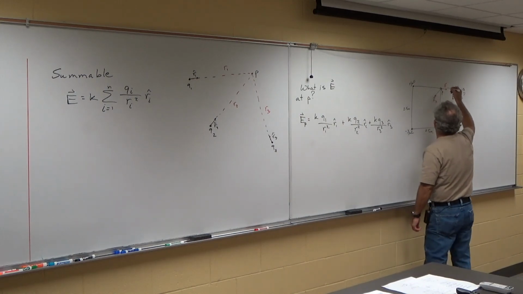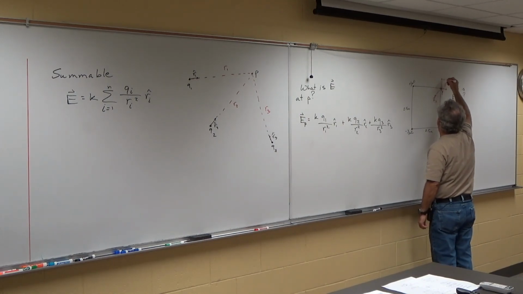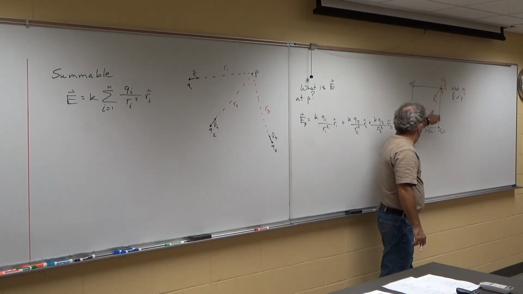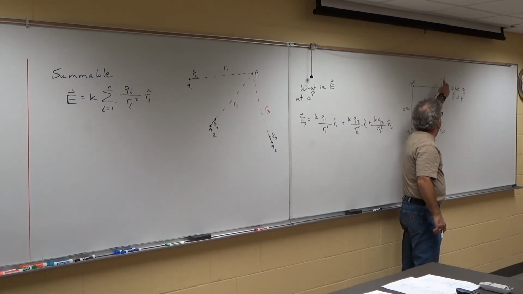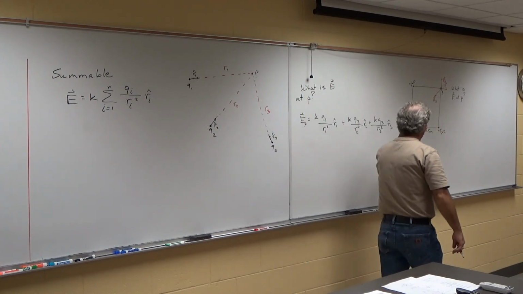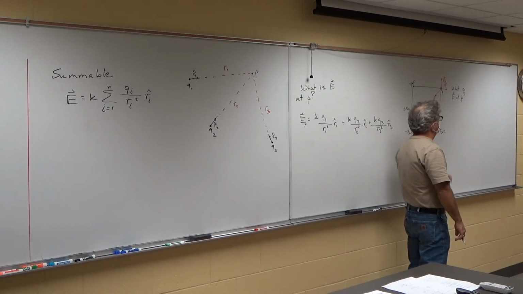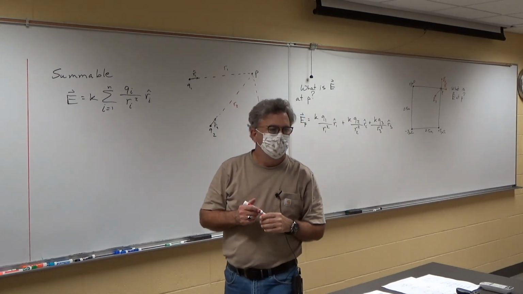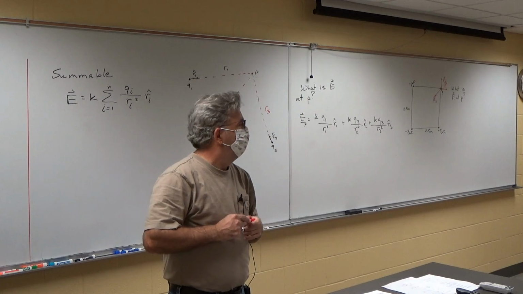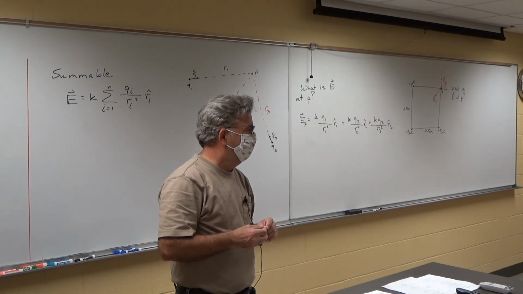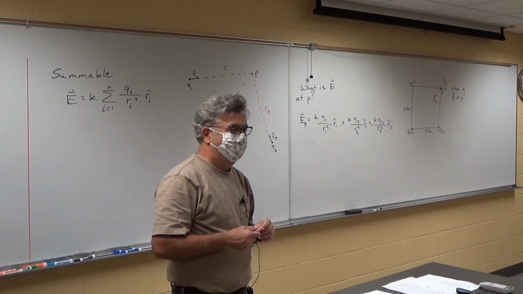Getting the directions down, and this would be E5, okay? Because 1 and 5 are positive, those field vectors are pointing away from 1 and 5. 3 is a negative charge, so that vector is pointing toward the negative charge. You guys keeping up with all of this? Notation, notation, notation.